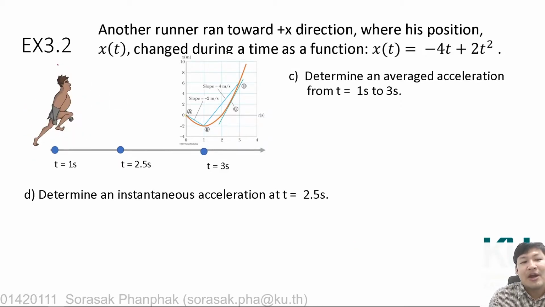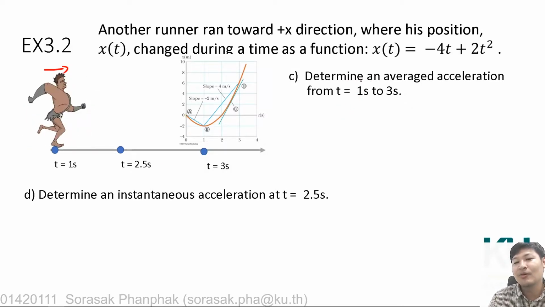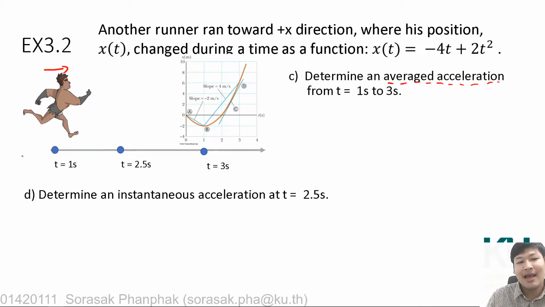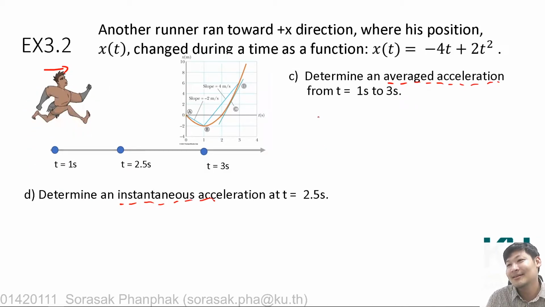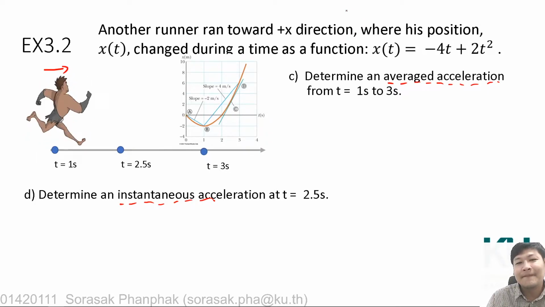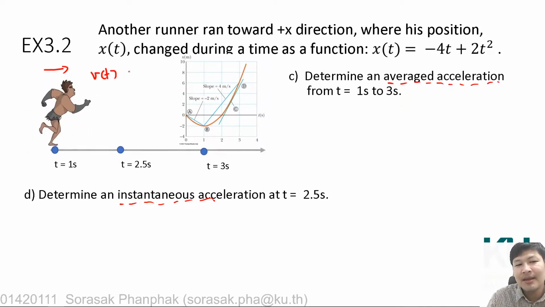The same runner keeps running. Now you would like to determine the average acceleration and instantaneous acceleration of this guy. From what you know, the instantaneous velocity is the differentiation of x(t) with respect to t.